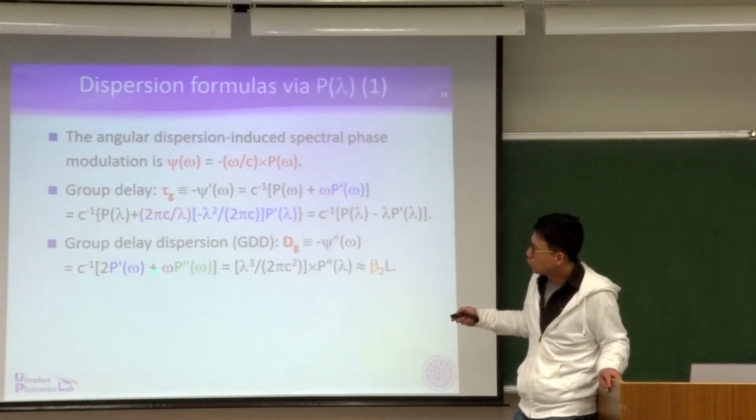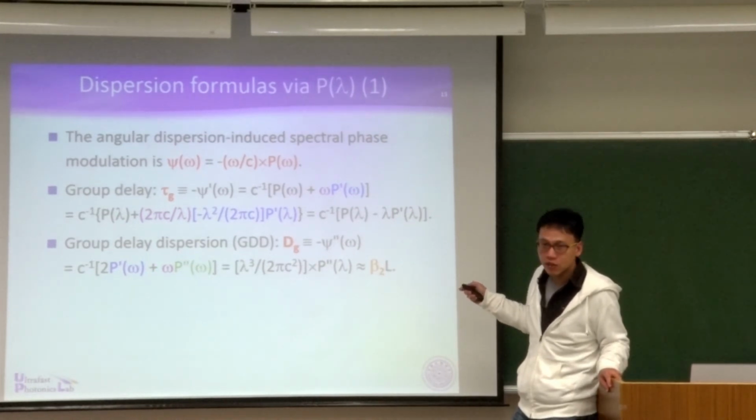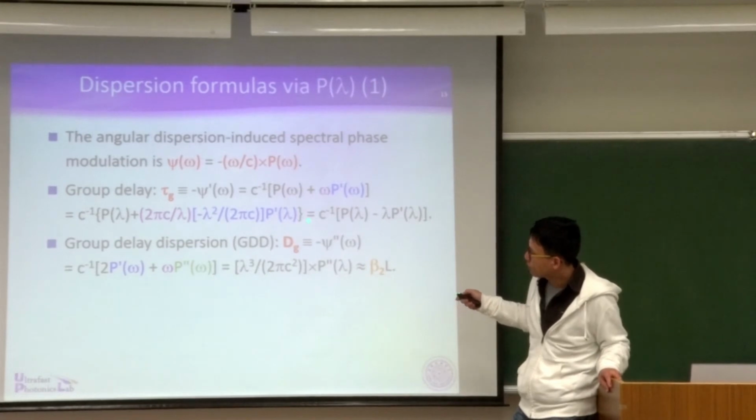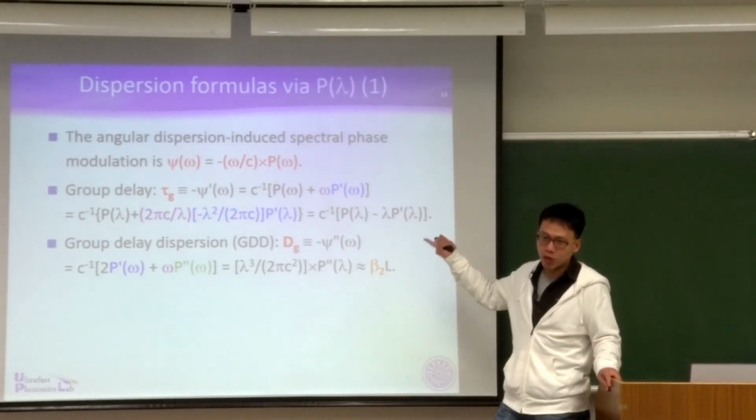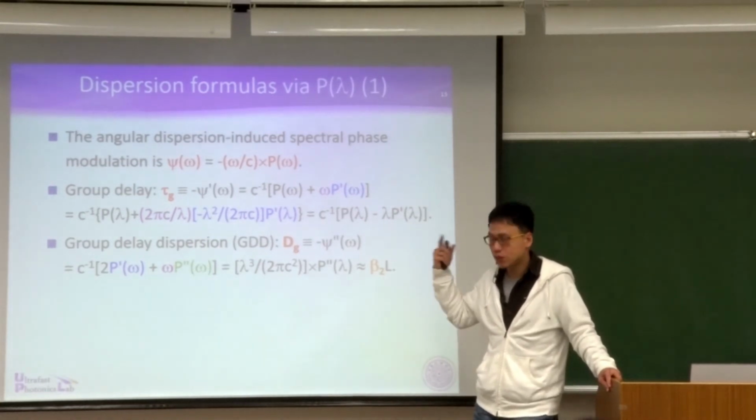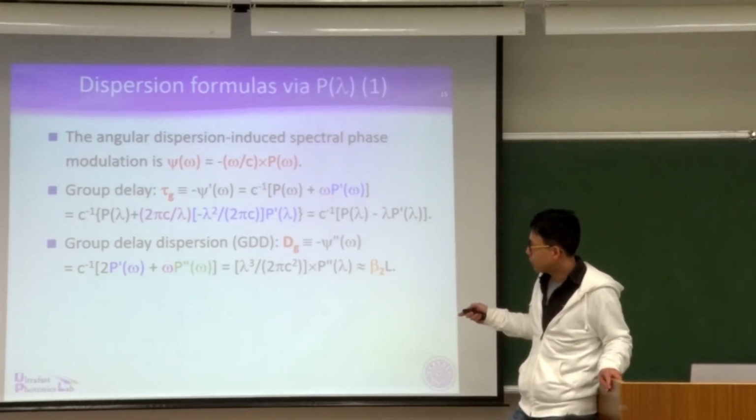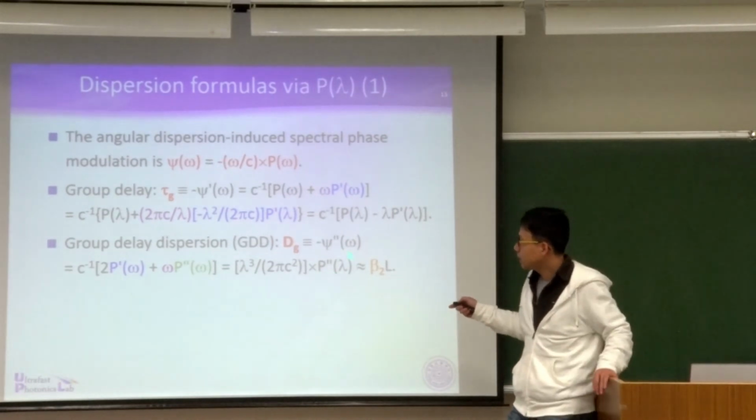The blue one is the same as the previous case, represented by this one. For the green one, you need help from the other formula in the previous page. If you use that, you can simplify the formula into this one, just a constant times a single term, P double prime of lambda.